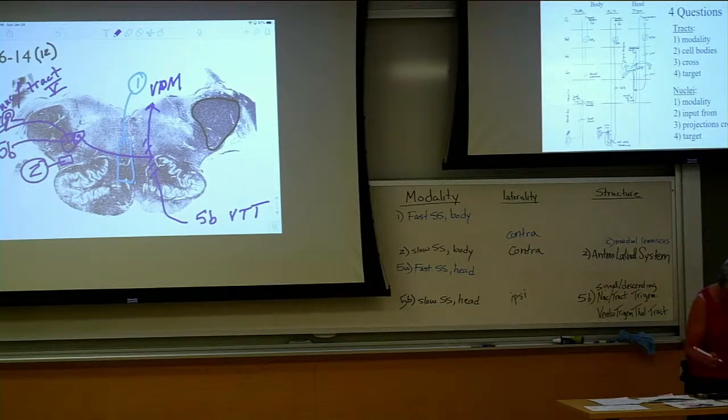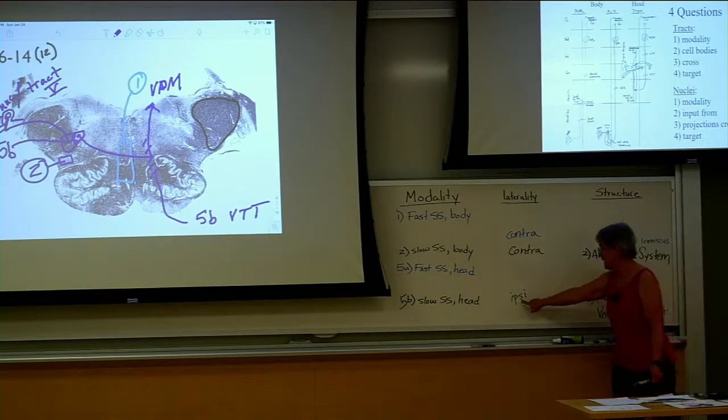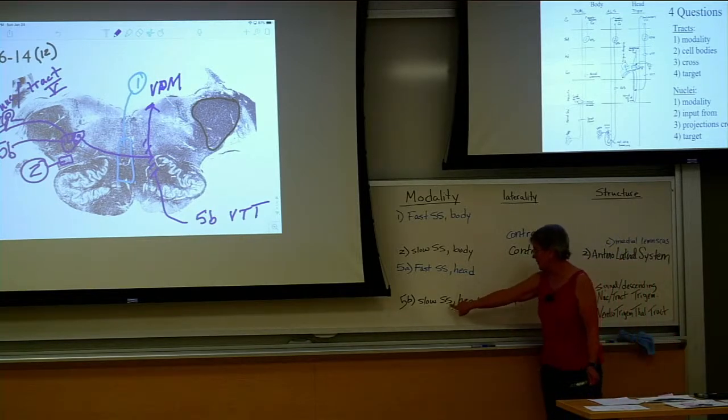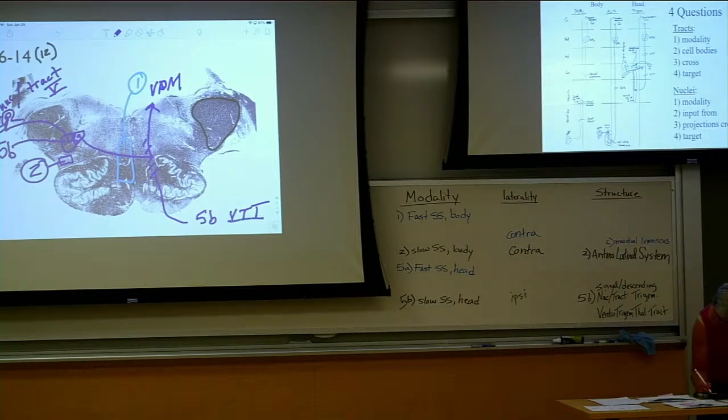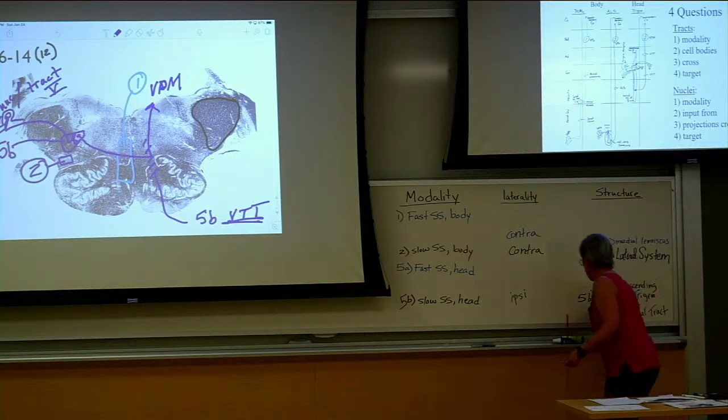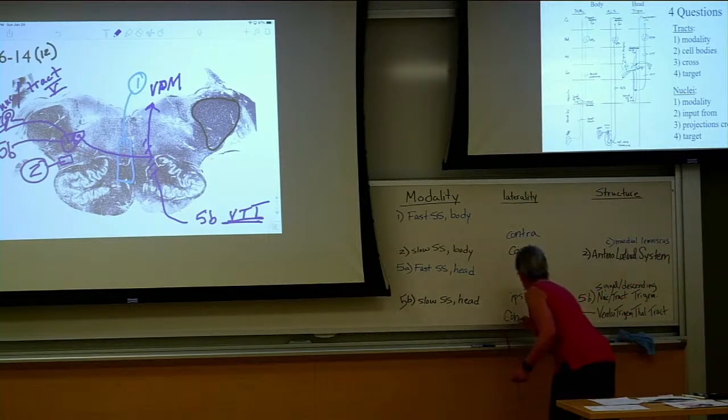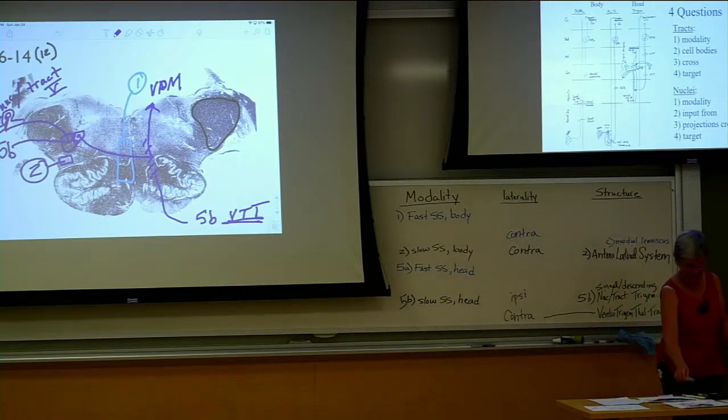The answer is no. And so this information is coming from the ipsilateral regions of the head. But once we're in VTT, that is after those fibers have crossed. So in VTT, that information is coming from the contralateral portions of the head. So that's all just review. We saw all that on the previous section.